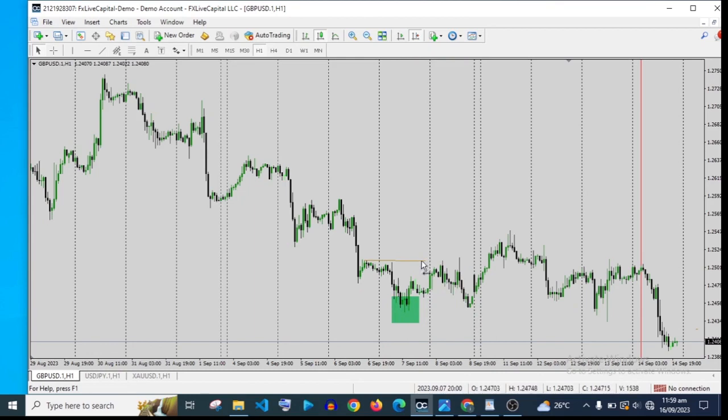And at this point, I think this high here was broken. You can see that the high there was broken right here. And if you look at the movement, the price began to create a lower high, right? Meaning that this low, sorry, is higher than this low.